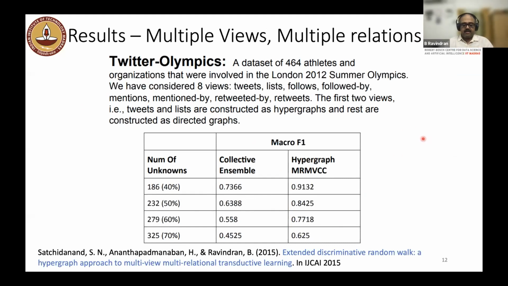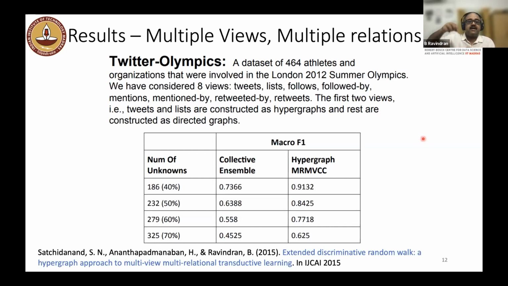So here the nodes are various entities. In fact, they were people like sports reporters, sportspersons, officials that are involved with the Olympics and so forth, and the kind of tweets that they exchanged. And so you could look at various relations, whether one is a follower, tweet, and so on. There's a whole bunch of relations that you can define between two people on the Twitter network, it's there on the slide.